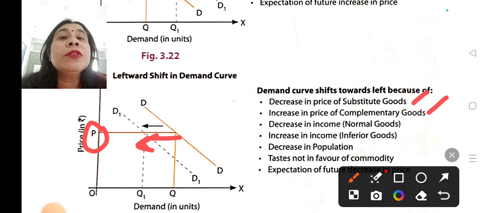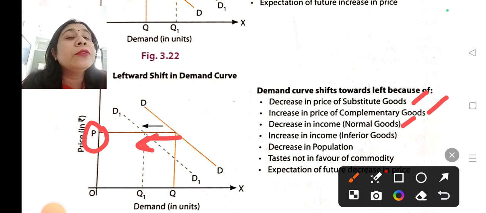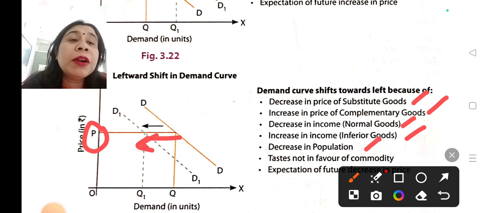Decrease in income of a consumer, demand for the normal good will decline. With the increase in income, demand for inferior goods will decline. If the population decreases, again the demand curve will shift leftward even at the same price.